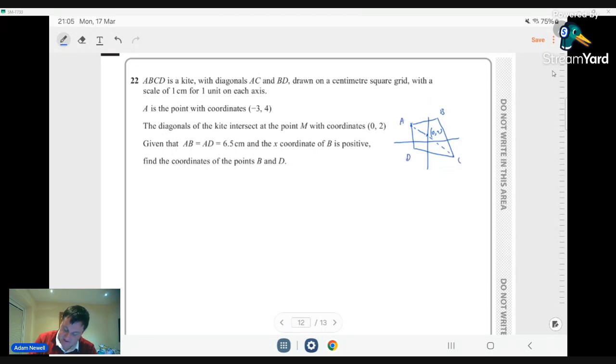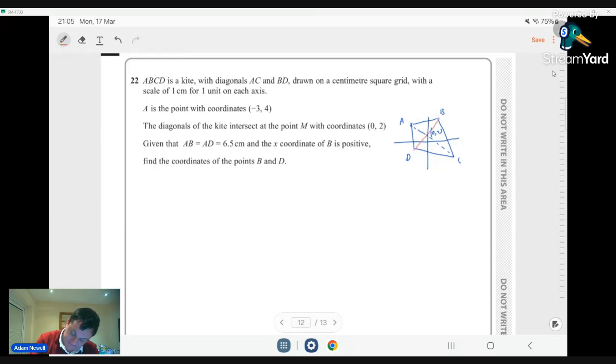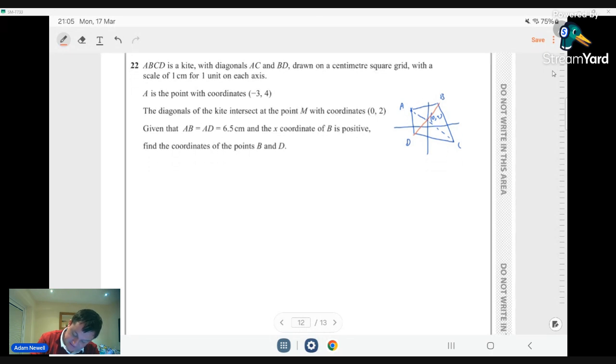Right, for this question then, I want to try and work out the equation of the red line going through BD. To do that, the gradient is going to be the negative reciprocal of this one, and I can work that out from A to M. So A to M, we've got the change in y, which is 4 take away 2, which is 2, over -3 take away 0.